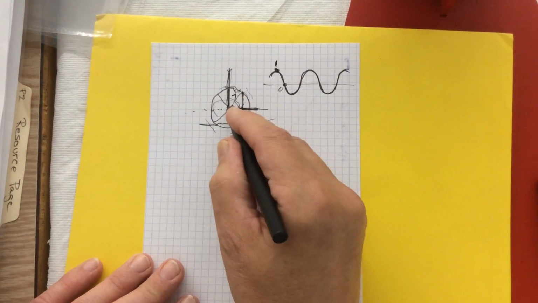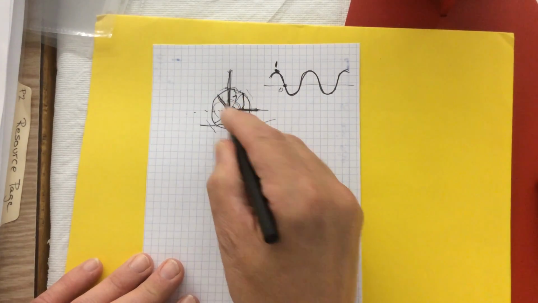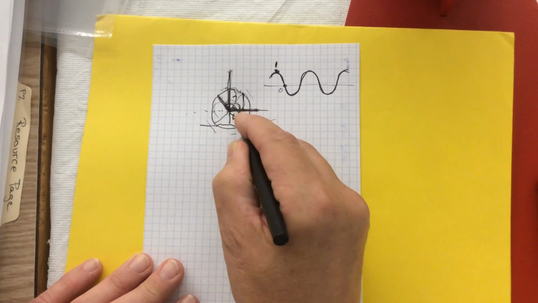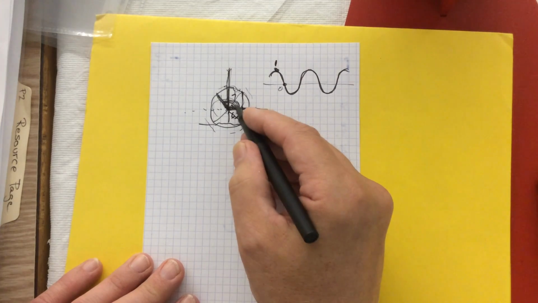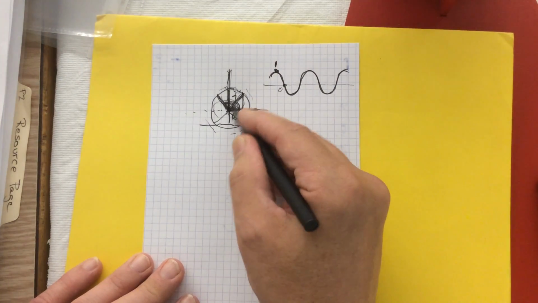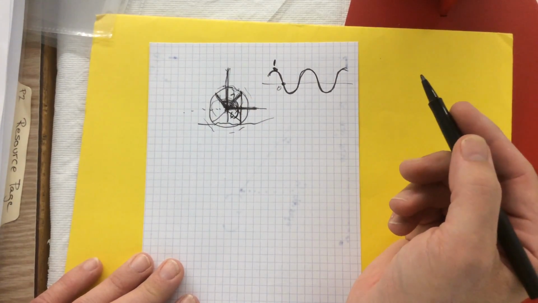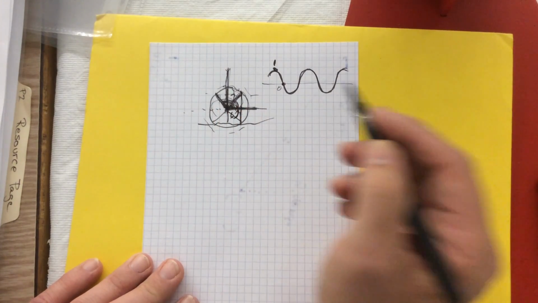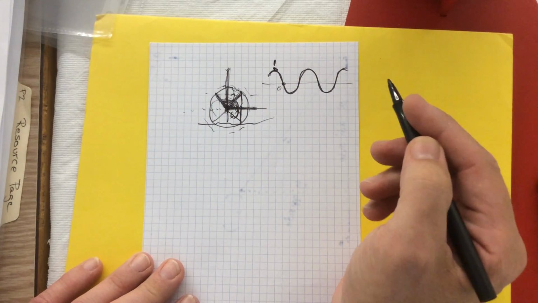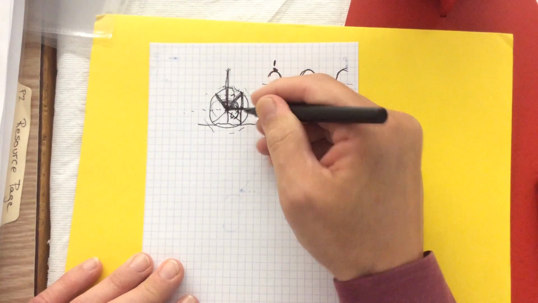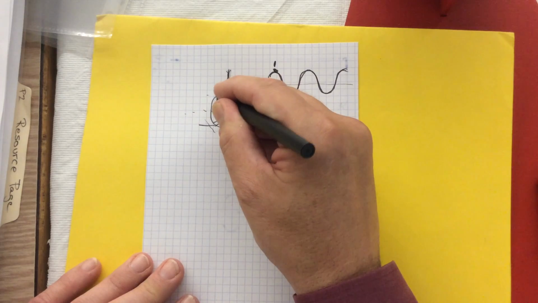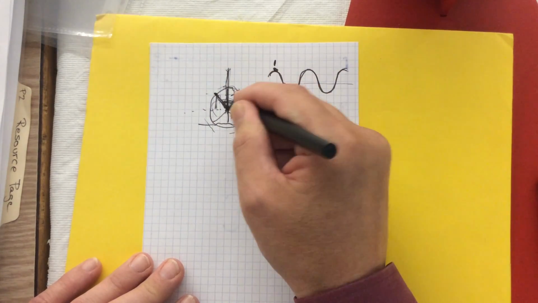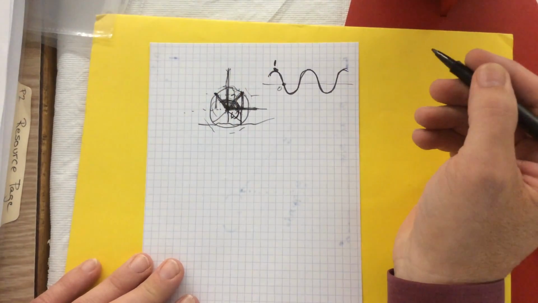Same here. We want this right here to have the same sign as this one over here, because they're going to be the same height. So if we're defining it that way, we're going to want this height and this height, since they are the same, to represent the same sign here and here.